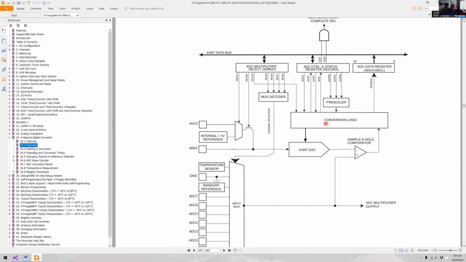We need to compare it against a reference voltage, and the reference we've got can be the internal voltage reference of 1.1 volts. Be wary, it's not exactly 1.1 volts, but you can calibrate this. You can put your own external reference voltage on this, or you can use the power supply for the analog to digital converter, and that's what AVCC is.